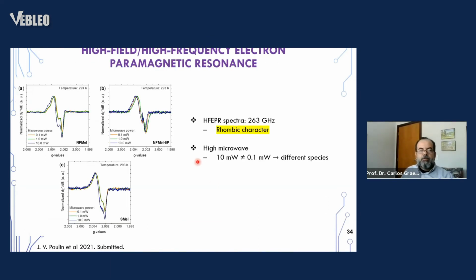More recently, we have tried to see this material at very high frequencies, EPR at high frequencies, where we can separate the G factors better. As you can see, the line changed quite a lot. It has more of a rhombic character.